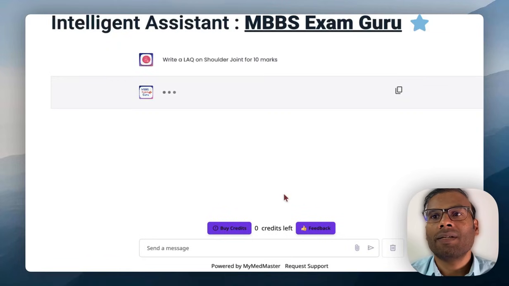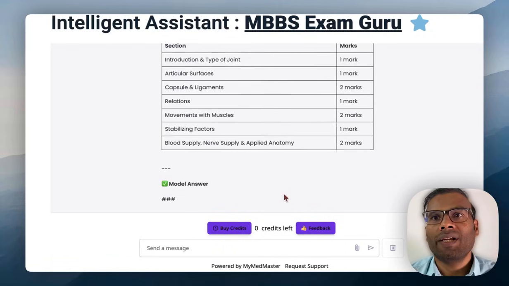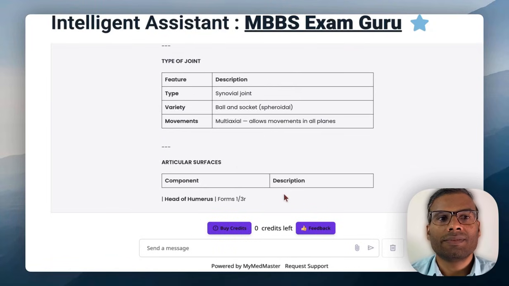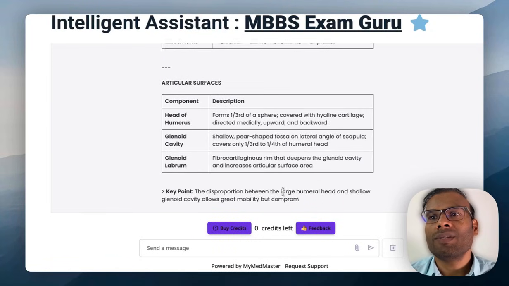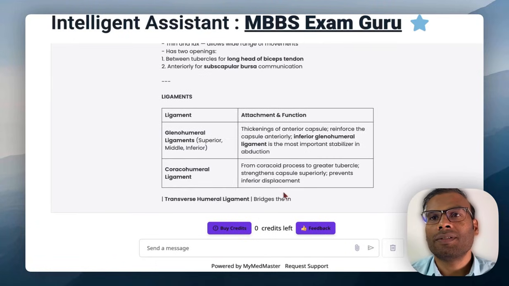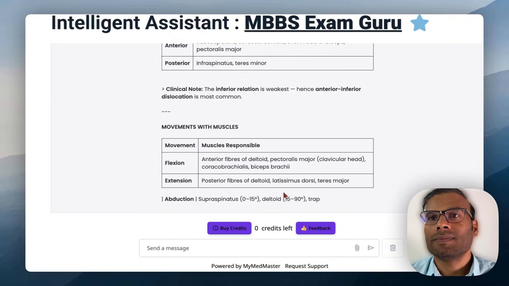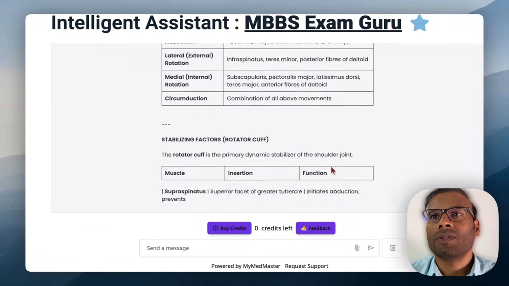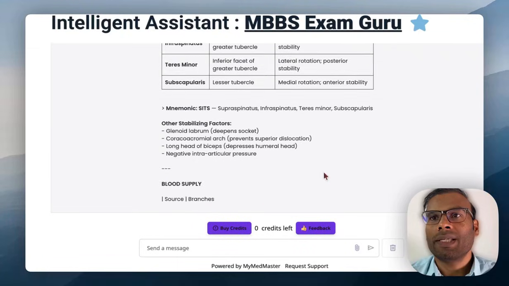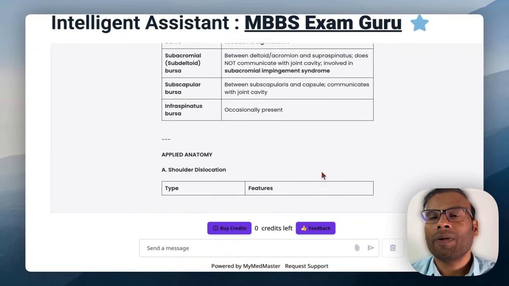So it has started processing. You can see here, it will think, it will get back to its knowledge, and it will write an answer. As you can see, the answer is being written. It may take a minute or so.